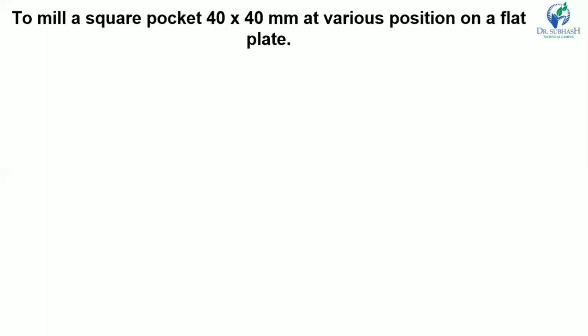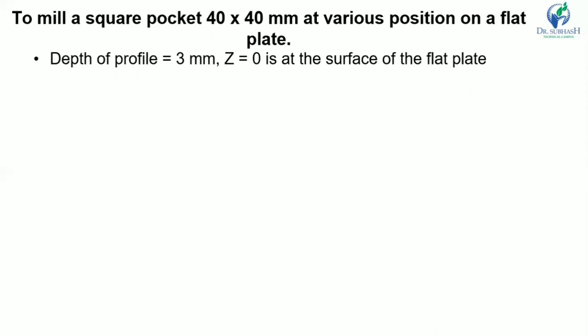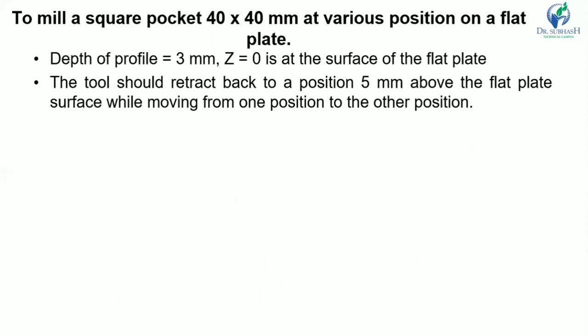The depth of the profile is 3 mm and Z is 0 at the surface of the plate. The tool should retract to a position 5 mm above the flat plate surface while moving from one position to another.